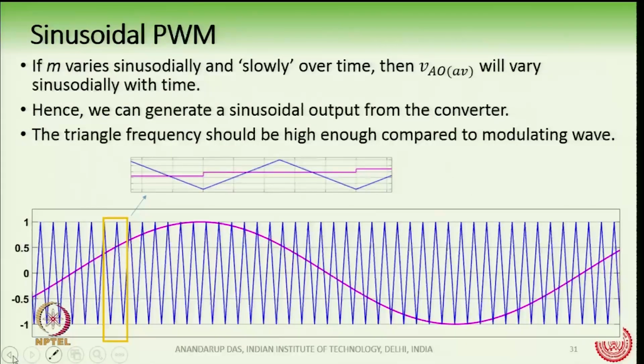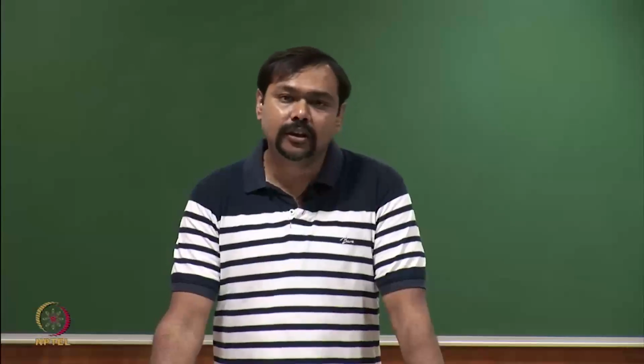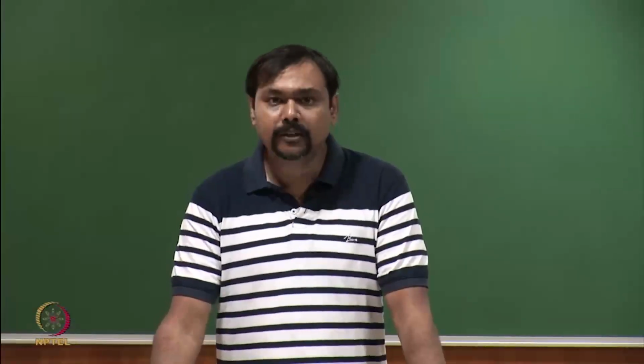Now, one important thing. We have come to this point where we say that the output voltage of the converter can be varied by using the modulating waveform as a sinusoidal waveform. If I use a non-sinusoidal waveform, can it be done?